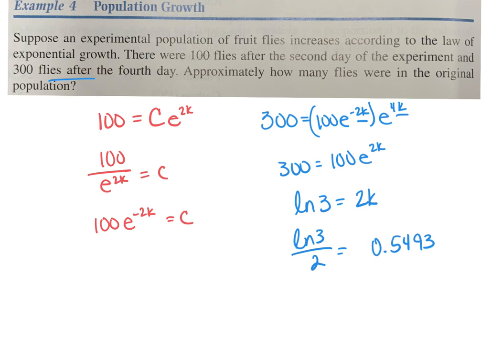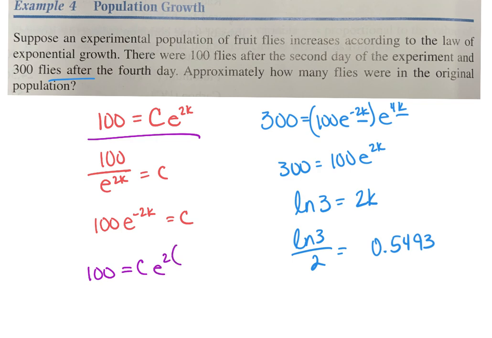Approximately how many flies were in the original population? Okay, so original population then is, we want to know what happens to figure out my initial. And so if I want to say how many did they originally have, I'm going to go back to this guy and figure out what my actual c is, if that makes sense. So I'm going to say, well, I know I had 100 after 2 days.